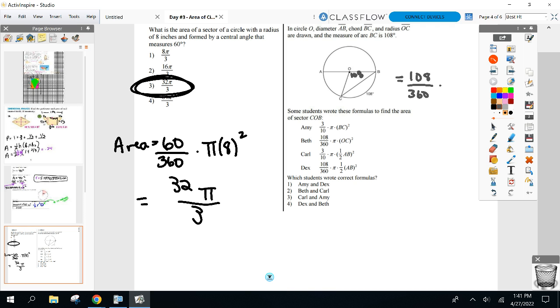CO. So I'll do OC instead. Pi times OC squared. I forgot the pi. What else could I do instead of OC? AO. Anything else I could use instead? BO. I could use any one of those in the formula.